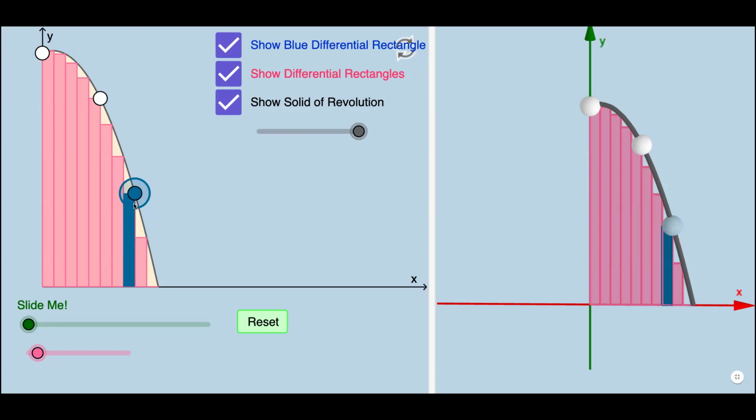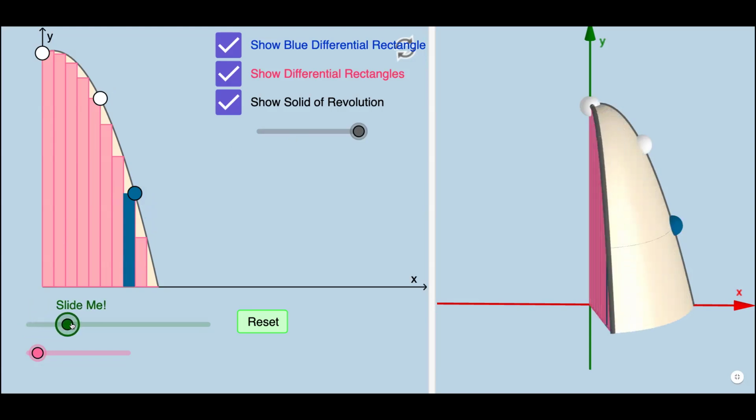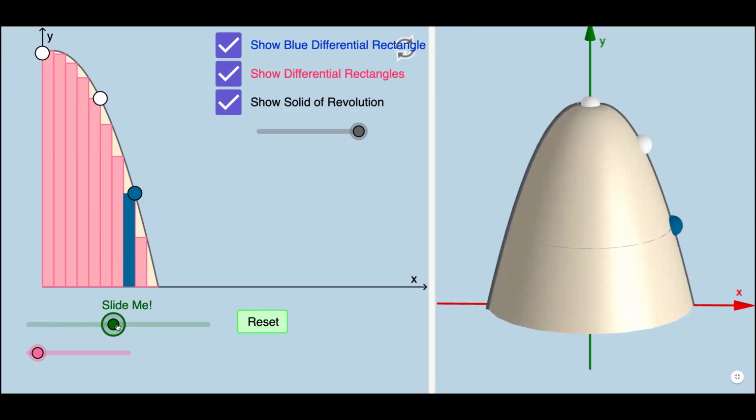So you focus on one of these, let's focus on this one, and then you start rotating that one about the y-axis. When you start rotating it about the y-axis, I have to finish the animation for it to look a bit more clear.